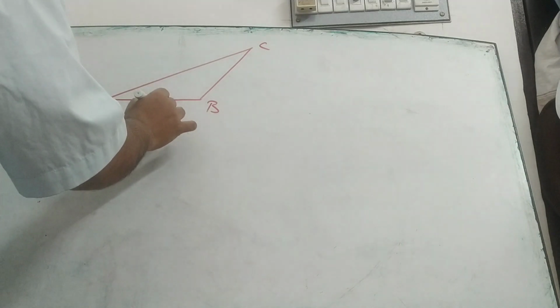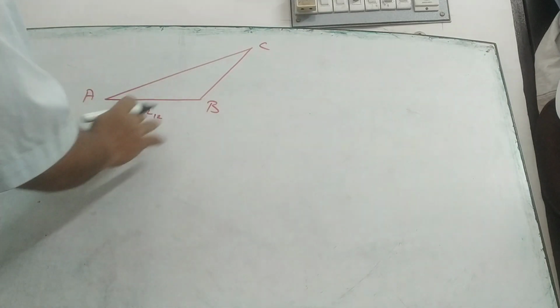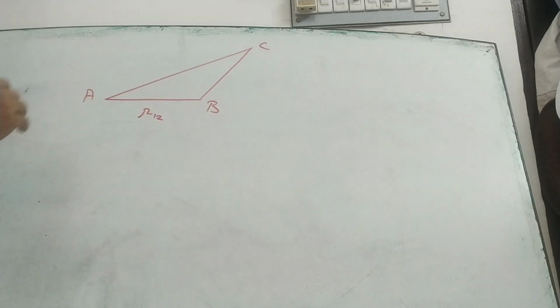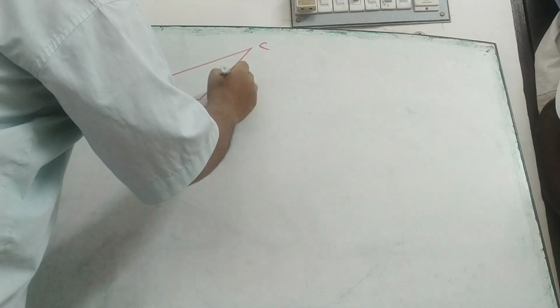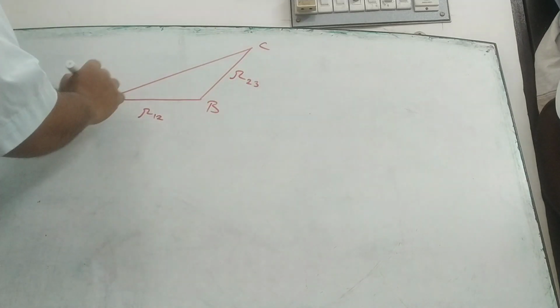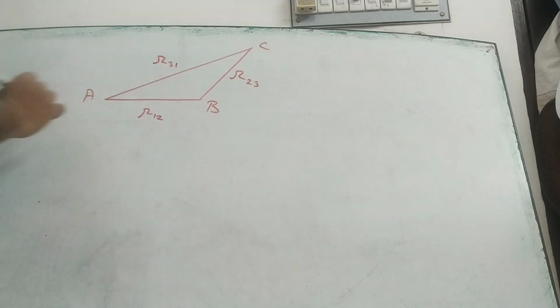The length of the side AB is r12, the length of the side BC is r23, and the length of the side AC is r31. Initially, the system is neutral.